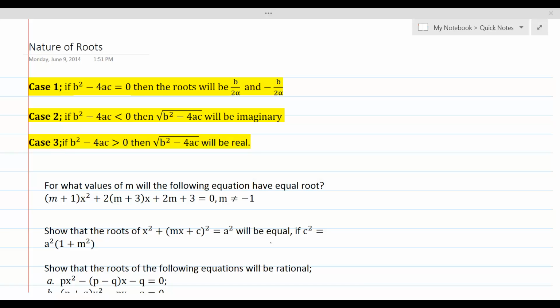In this lesson, we will establish a relation between the value of the discriminant and the nature of roots of the given quadratic equation.